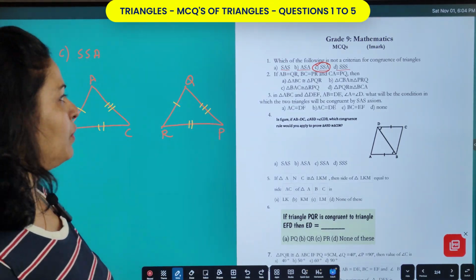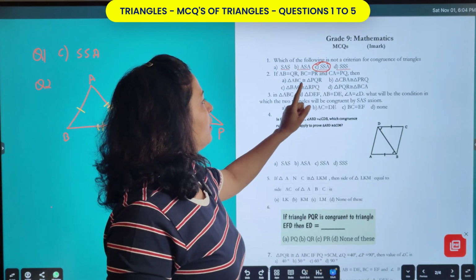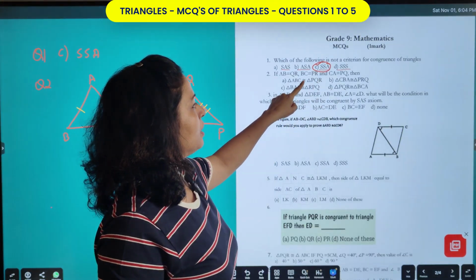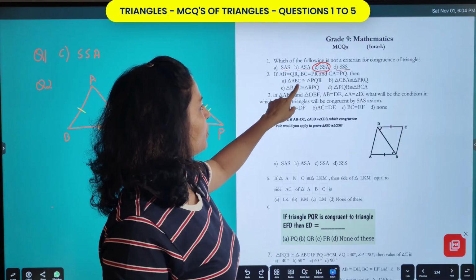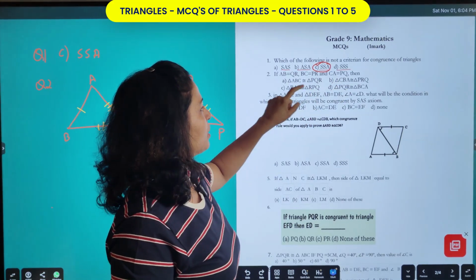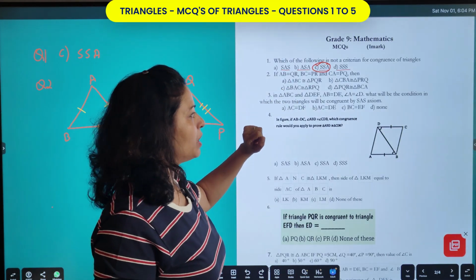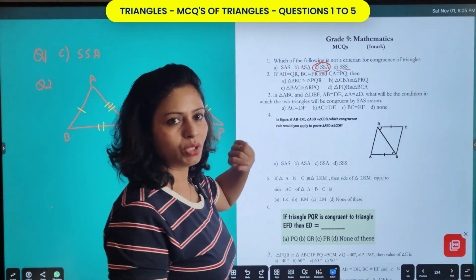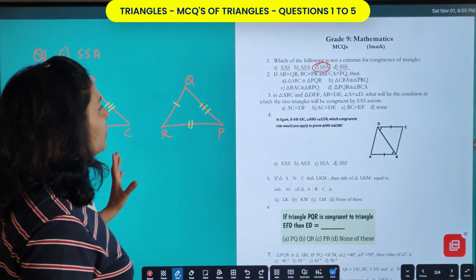Then how can we say which of the congruency is correct here? They have given different congruencies: ABC congruent to PQR, CBA congruent to PRQ, BAC congruent to RPQ and PQR congruent to BCA. So here which one we have to apply?